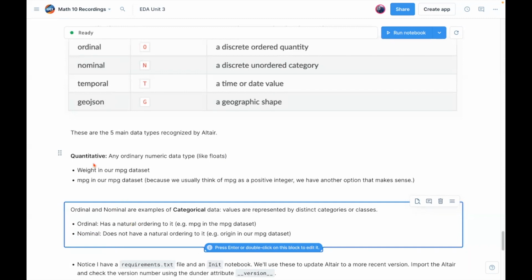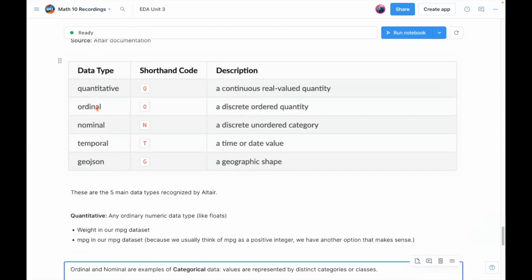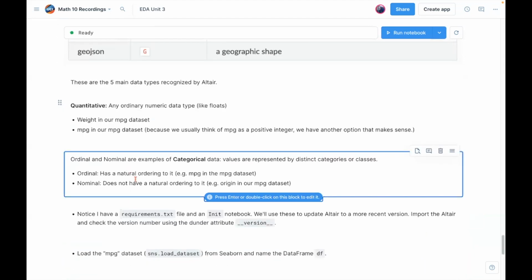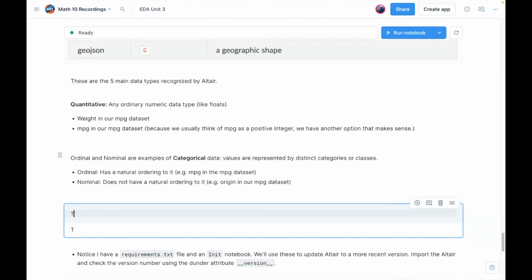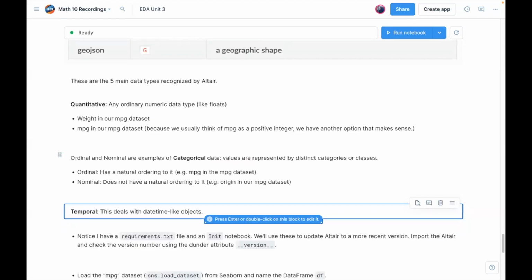We talked about quantitative, ordinal, and nominal. What about temporal? As you might expect, temporal deals with time, meaning datetime-like objects. I think we might see 1 or 2 homeworks with this in Math 10, but it's not something we'll be dealing with too much.